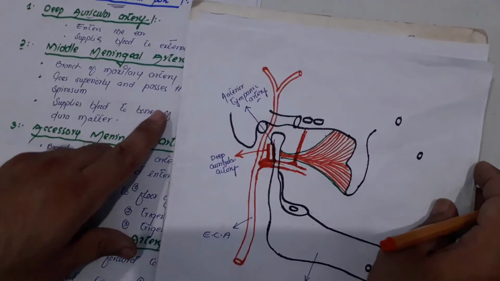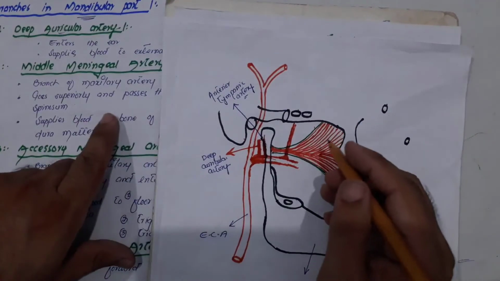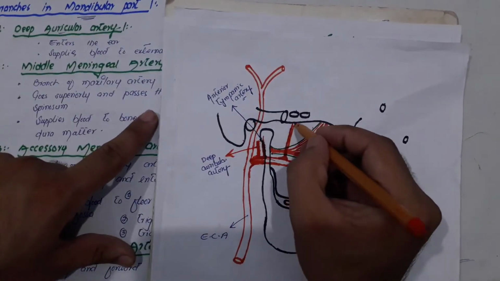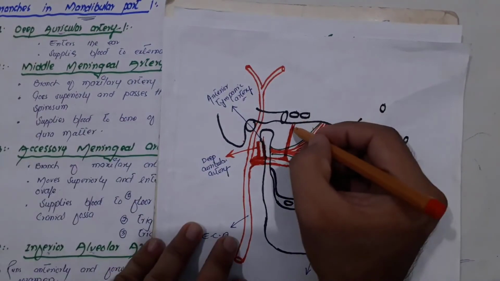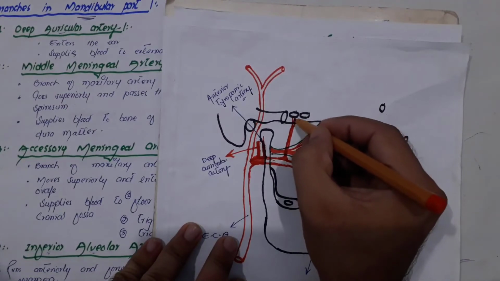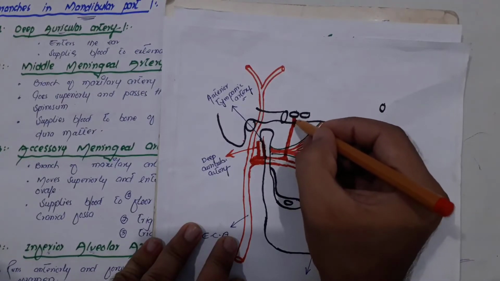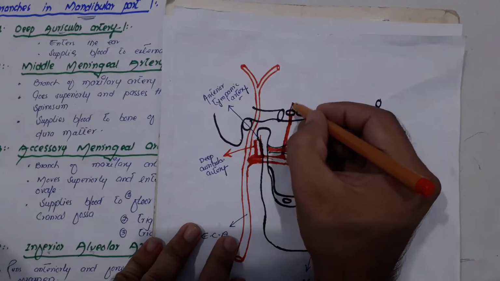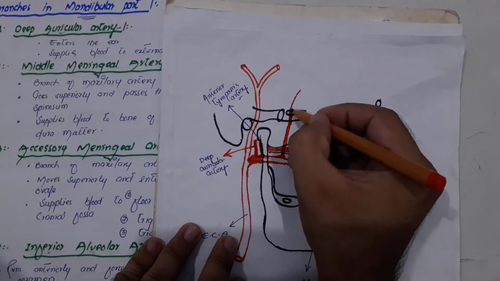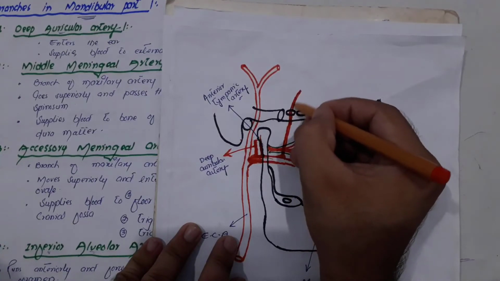I had told you that this artery moves up, goes superiorly and passes through the foramen spinosum, right? Look carefully. This artery has gone and passes out through the foramen spinosum, right?